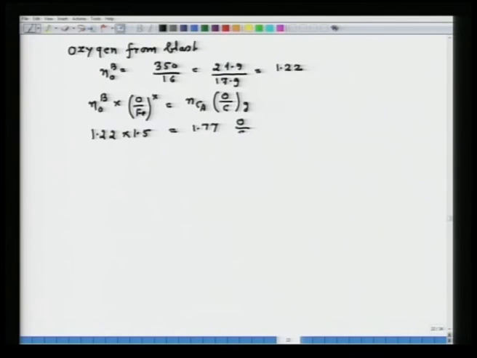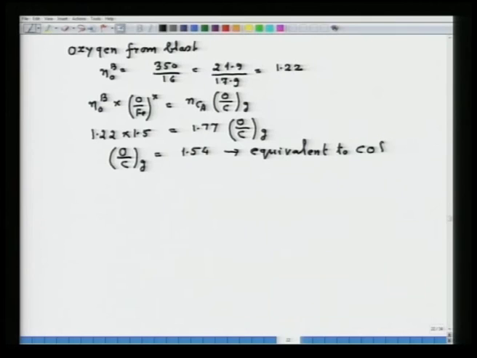So, I can find the O by C ratio in the top gas. O by C in the top gas comes out to be equal to 1.4, and this ratio is equivalent to the CO and CO2 in the top gas.